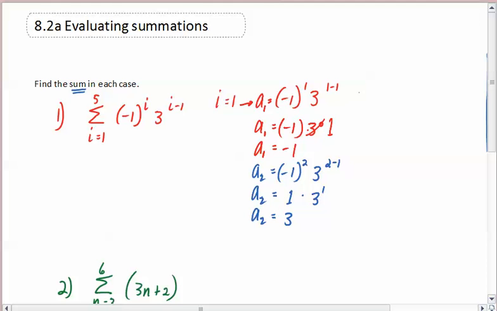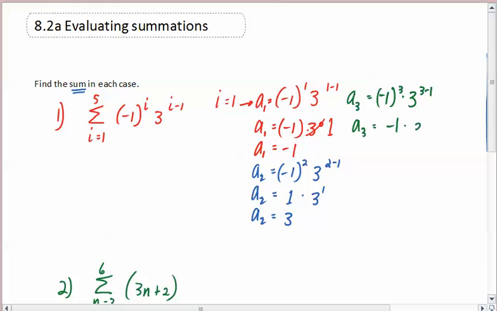Alright, moving right along. We're going to stop when we get to 5, when we've used a 5 as the n. So we have negative 1 to the third power times 3 to the 3 minus 1 power. So we have a sub 3. It's going to stay negative.